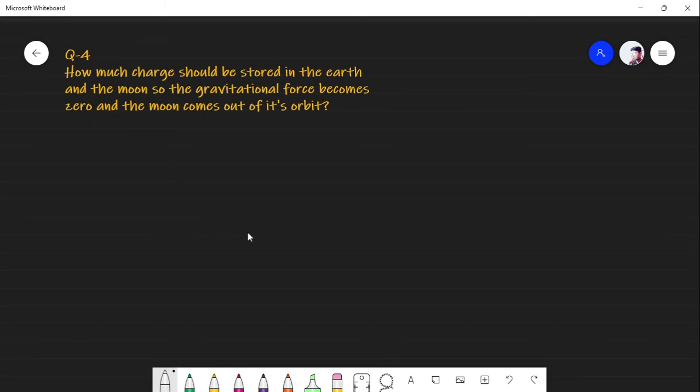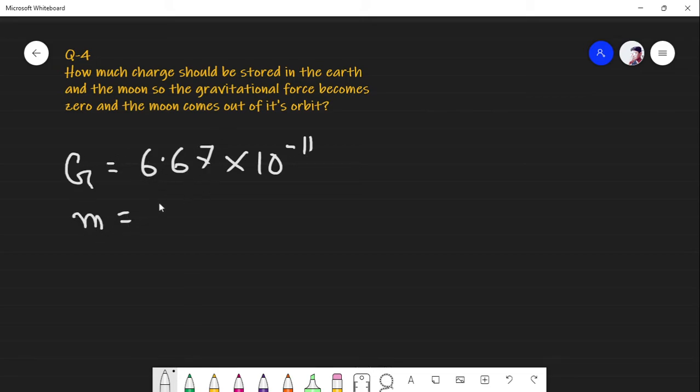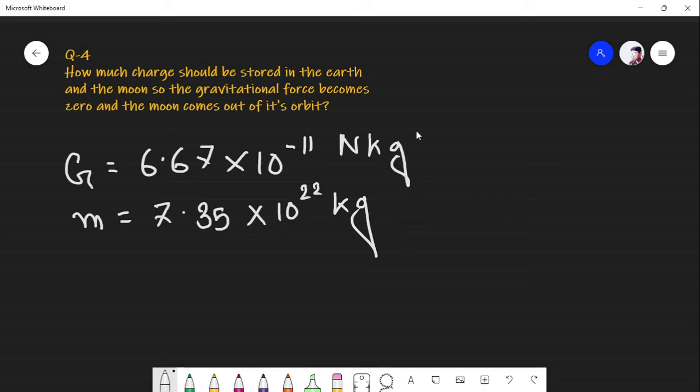So let's see. The gravitational constant is 6.67 into 10 to the power negative 11. And the mass of the moon is 7.35 into 10 to the power 22 kilograms, and the unit of this is Newton kilograms inverse 2 meter inverse 2.